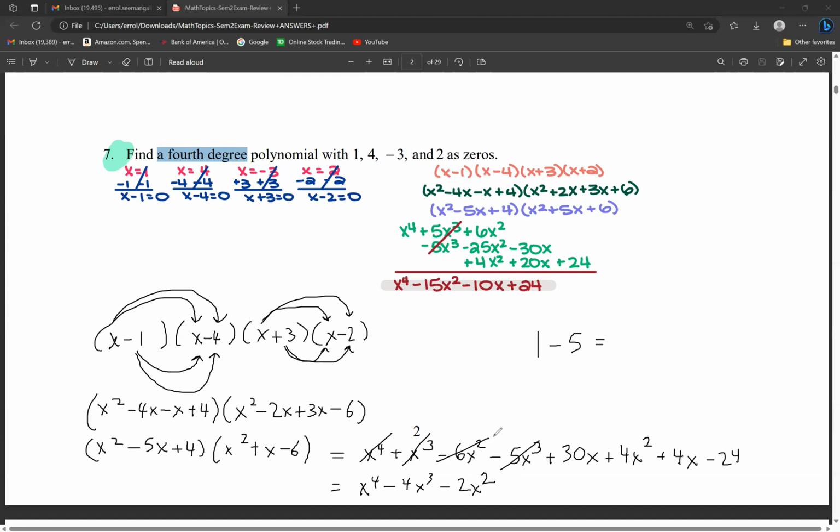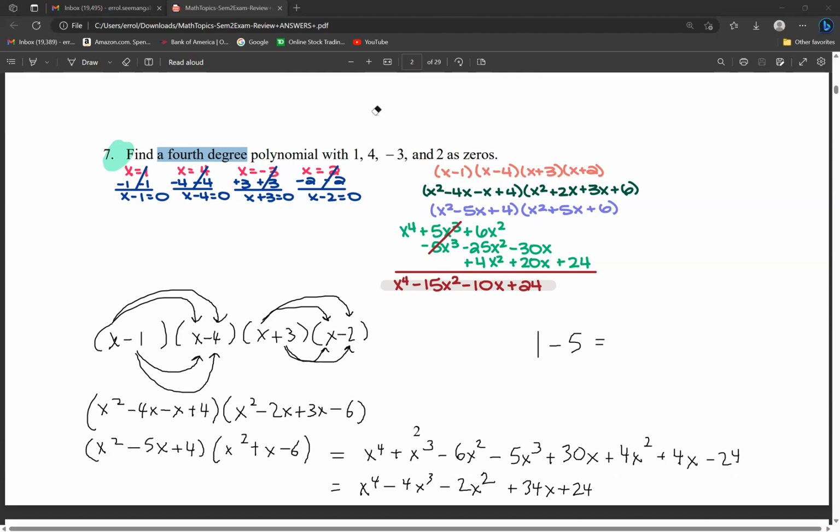Okay, so that one's done and that one's done. 30x plus 4x, how much? 34x. 34x minus 24. Make sense? Yes. That one's done, that one's done, everything's accounted for. That's it.